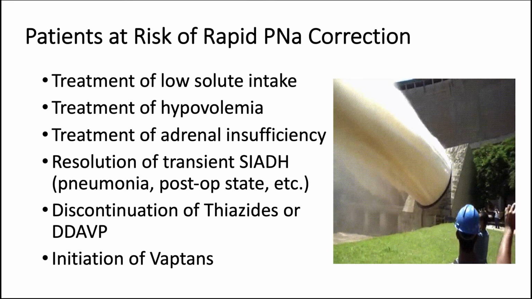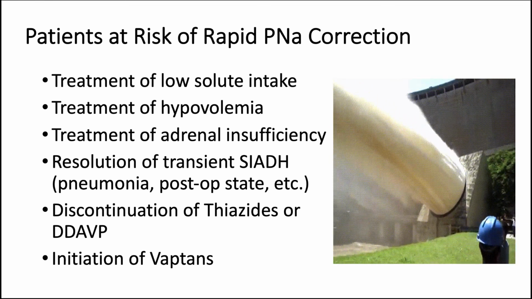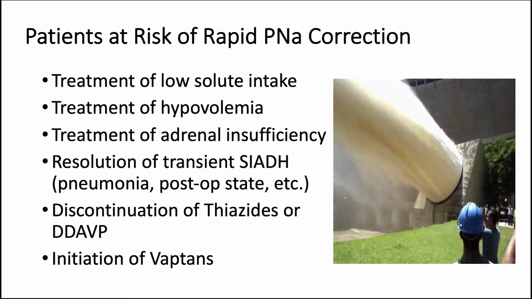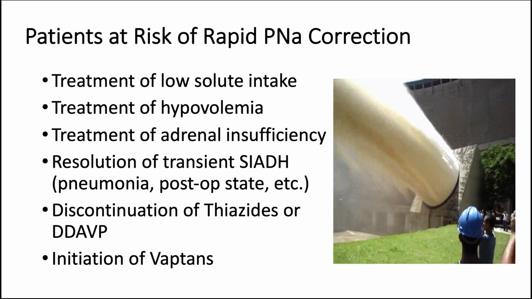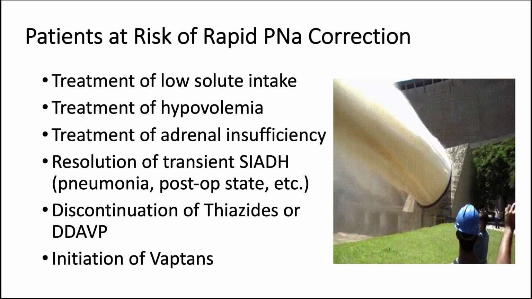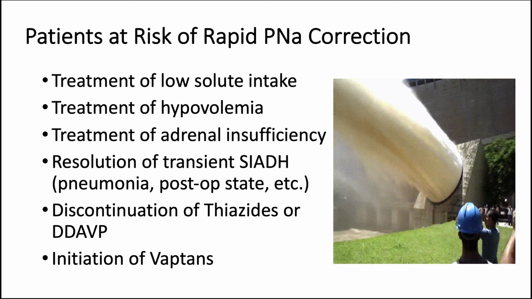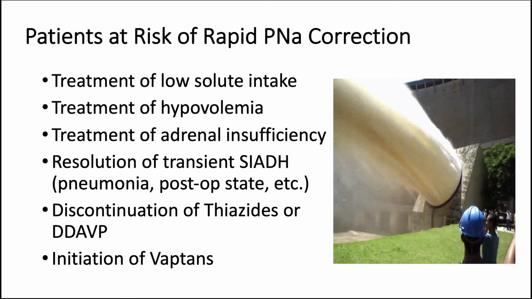The first one, low solute intake. What is limiting the water diuresis in low solute intake is not so much ADH, because low solute intake, as you know, is an ADH-independent or vasopressin-independent hyponatremia. What is limiting the water diuresis is the low solute intake, because remember, solute intake determines the volume of urine. If you eat more solutes, you will produce more urine volume.